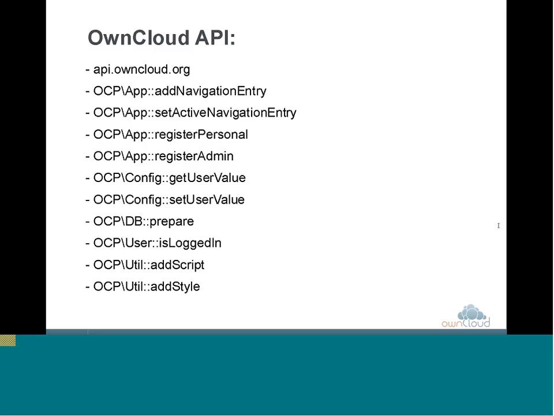The next two calls, register personal and register admin, are very useful if your app wants to extend the configuration page with additional settings. Personal is for the personal settings page of the user, and admin is for the admin page.